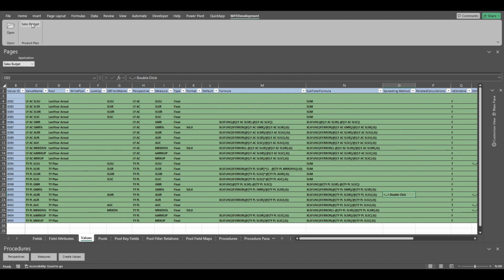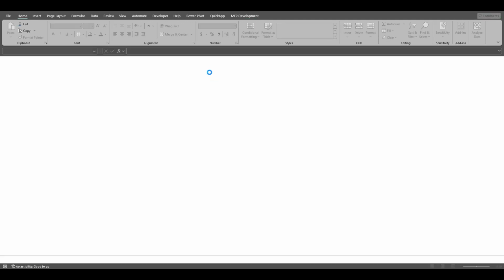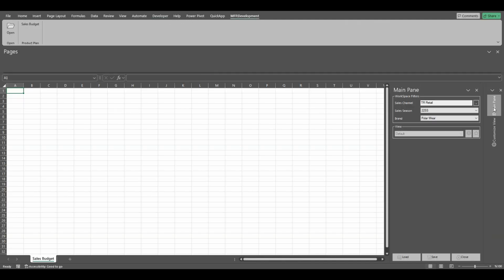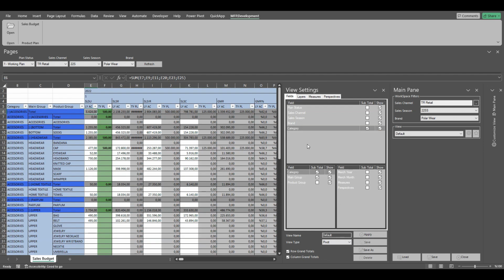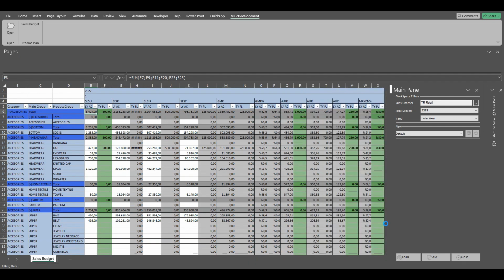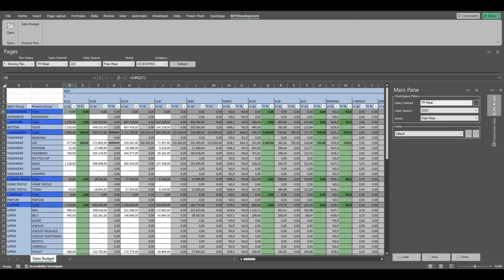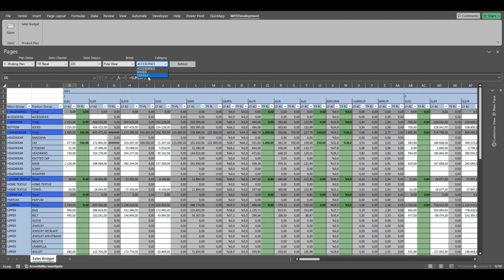Now let's open our application again and load our data. Let's customize the view. Take the category to the page, and load it by selecting Textile again.